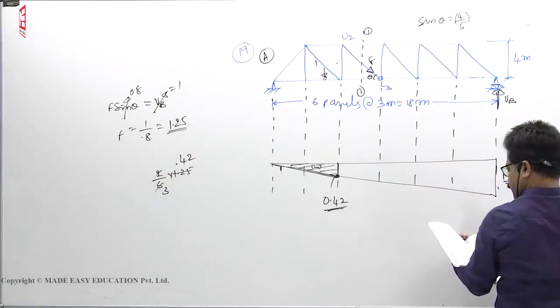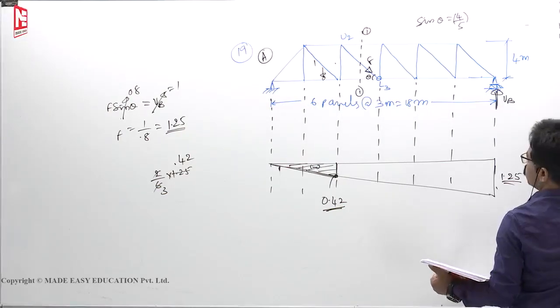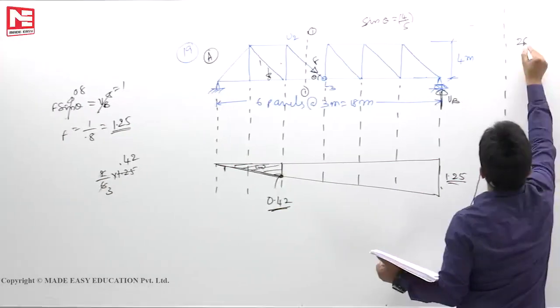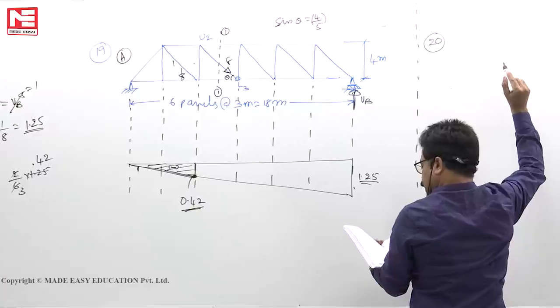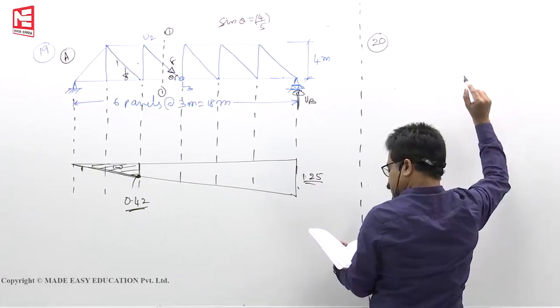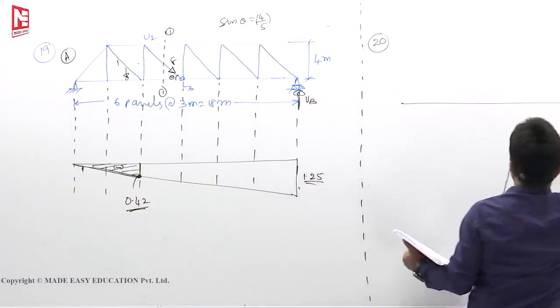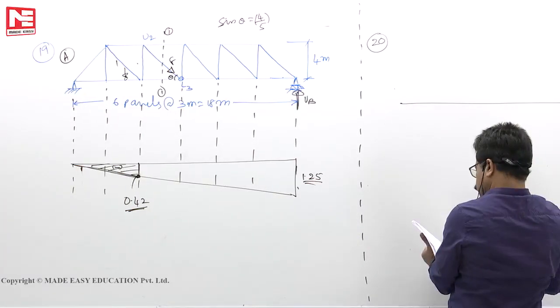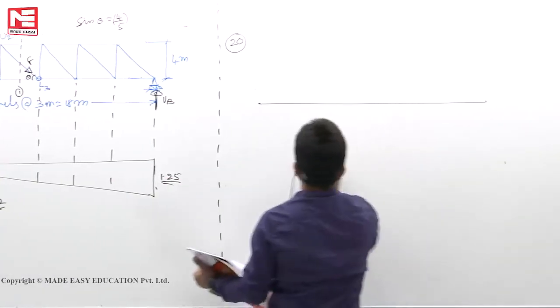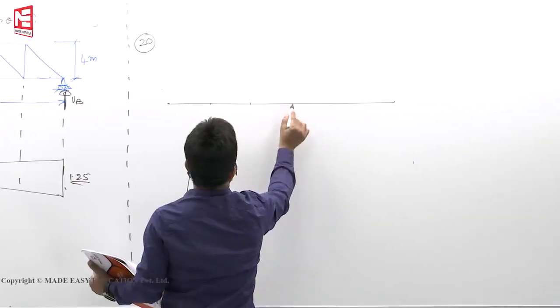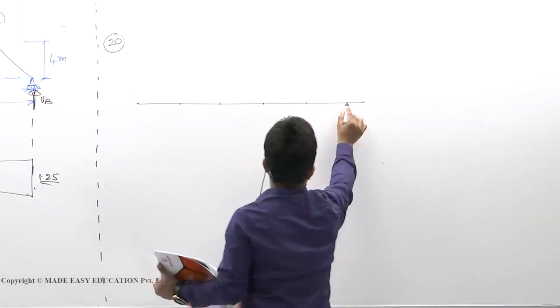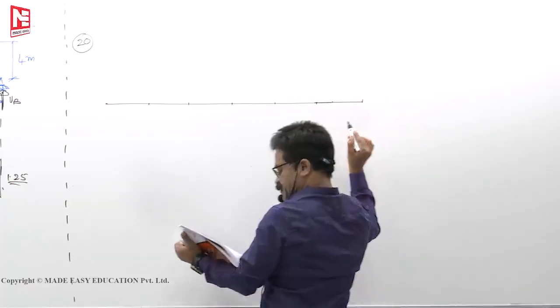Next 20. ILD shown is for the member. This also 1, 2, 3, 4, 5, 6 panels are given.